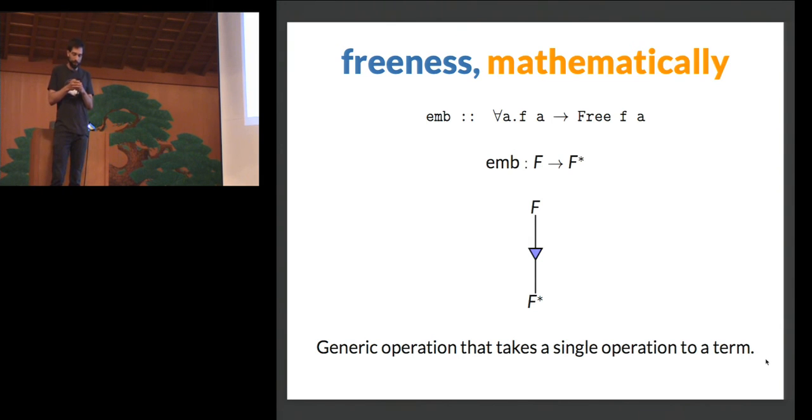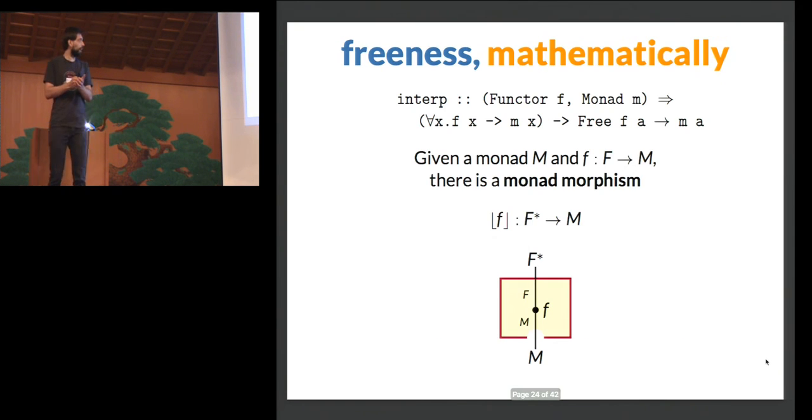So how about a destructor? So if we have a term, we understand it as a syntax of a language. So what do we do with syntax? We interpret syntax. So we have this function interp, and what do we need to interpret a language? So we need first some domain in which we interpret the syntax, and a domain is given by a monad. So for example, an I/O monad, right?